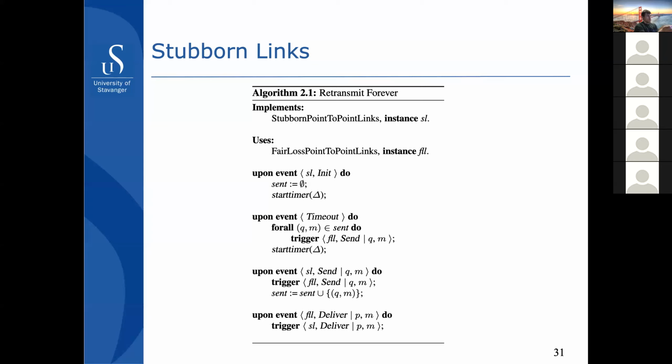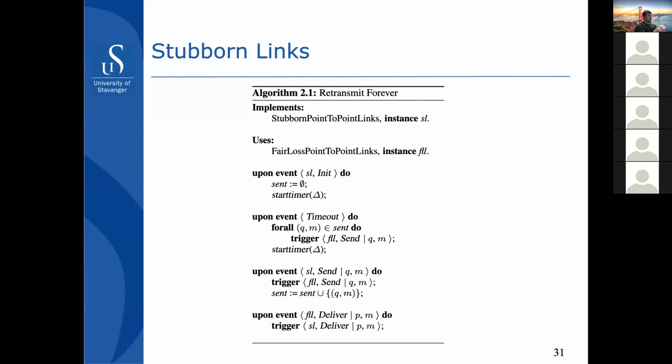We send here, and also we add our message to a list, which is the sent list, line number 3 from the bottom.